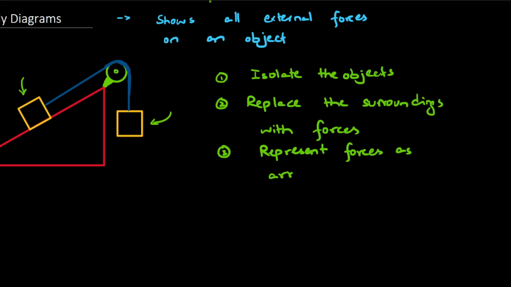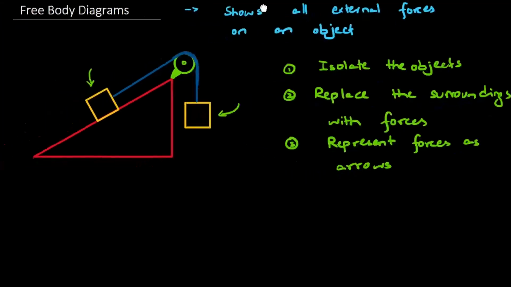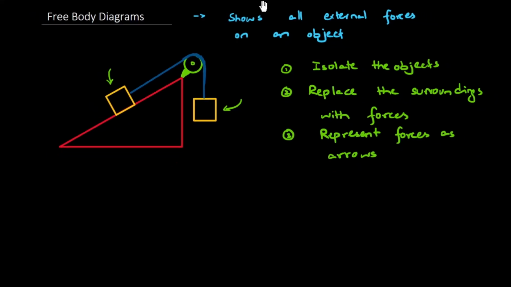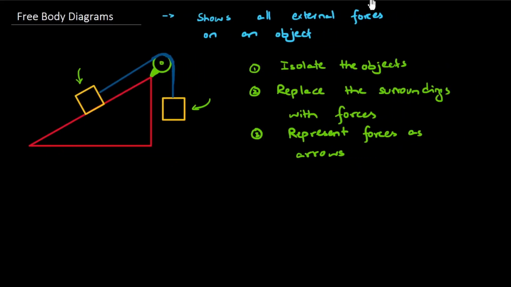This is done so we can understand the direction of those forces as well, since force is a vector quantity. Now, since we are only discussing the external forces acting on these objects, let's take a look at some external forces that we will come across in free body diagrams.